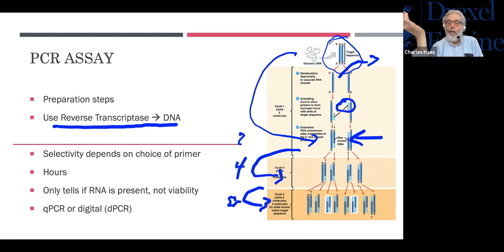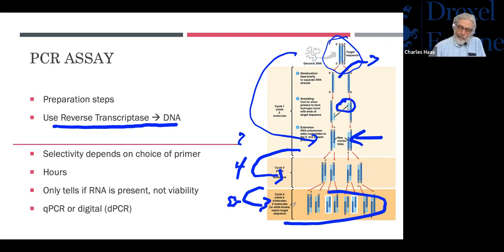And now if we detect how much DNA we've amplified, we can relate that back to the original amount that was present in our sample. The technology we use is called either quantitative PCR, qPCR, or digital PCR.